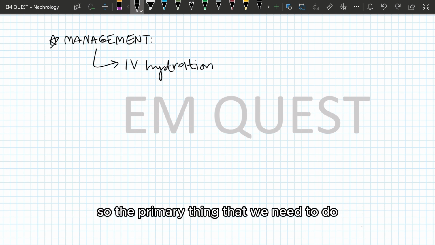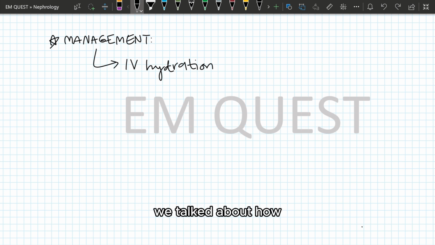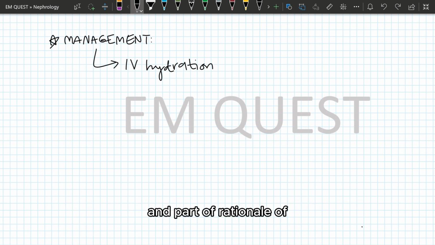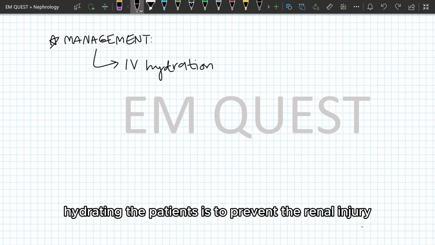So the primary thing that we need to do as part of our ABCs is fluid replacement. We talked about how a complication of rhabdomyolysis is development of AKI, and part of the rationale of hydrating the patients is to prevent the renal injury.